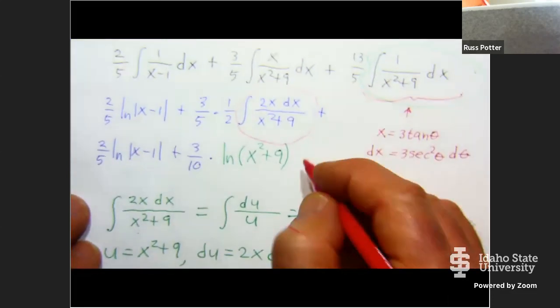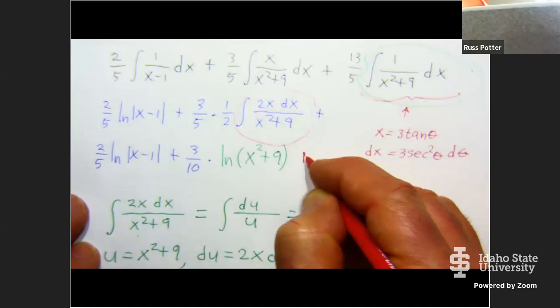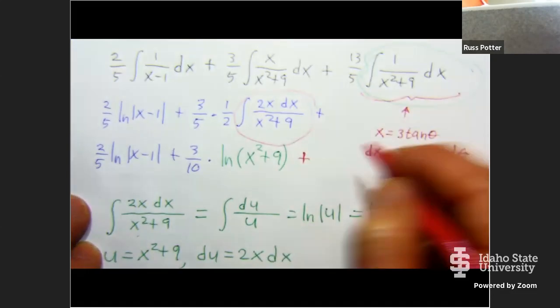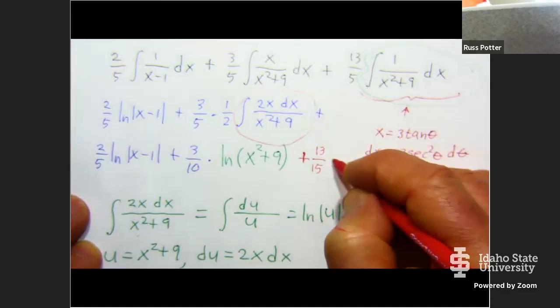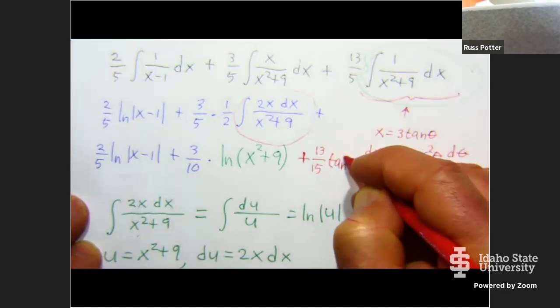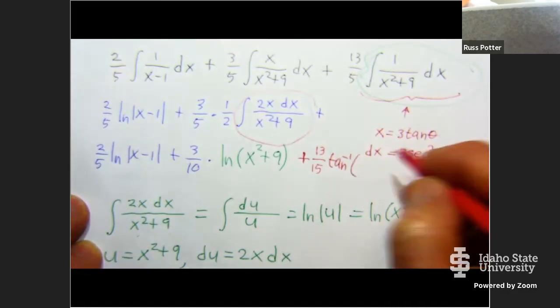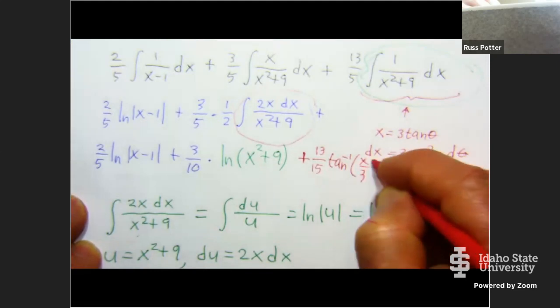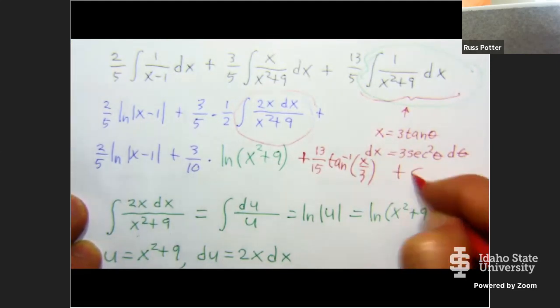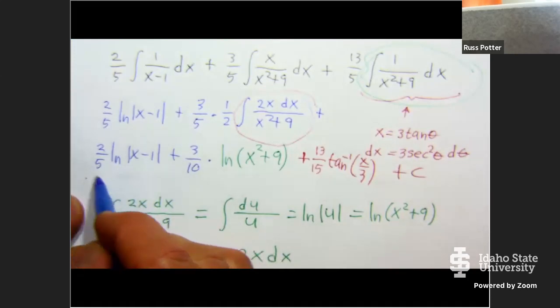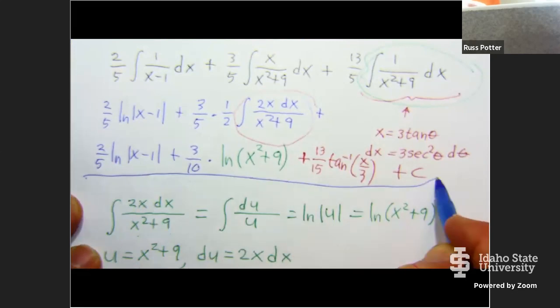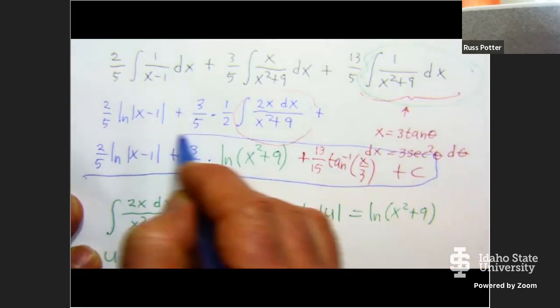So our third integral is plus 13/15 times the inverse tangent of x over 3 and plus a constant. So if you can read my writing, this is the answer to our integral.